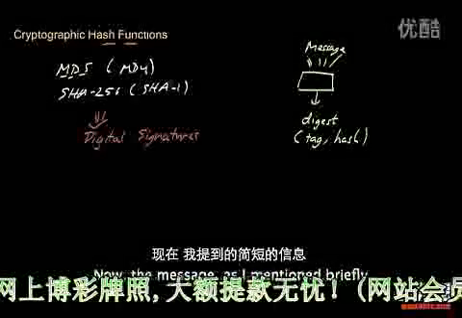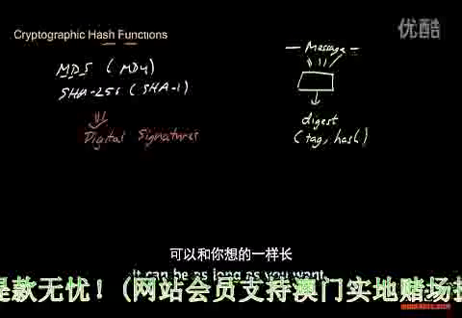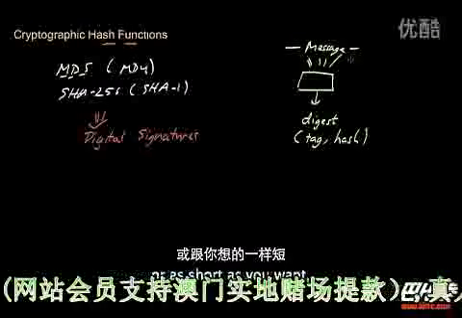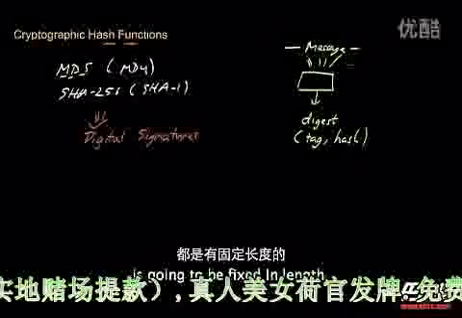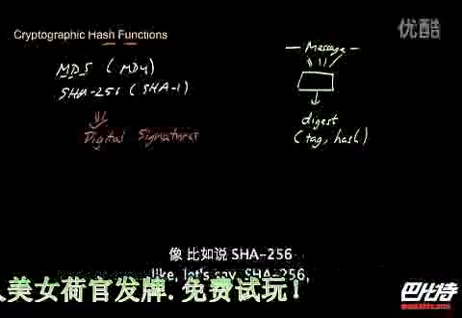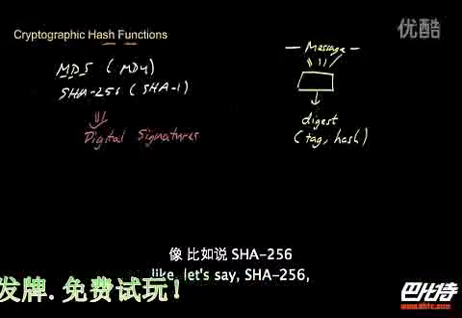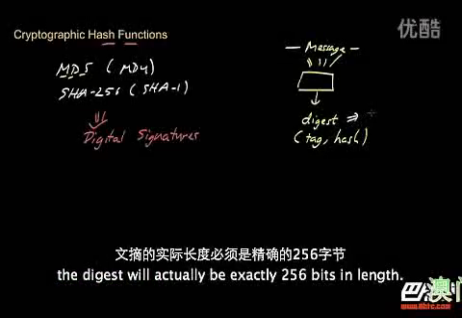Okay, now the message, as I mentioned briefly, can be of arbitrary size. It can be as long as you want or as short as you want, but the output, the size of the digest or the size of the tag, is going to be fixed in length. For example, in the context of a hash function like SHA-256, the digest will actually be exactly 256 bits in length.